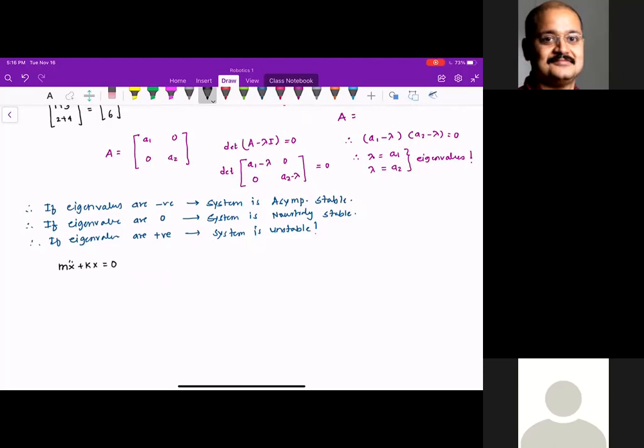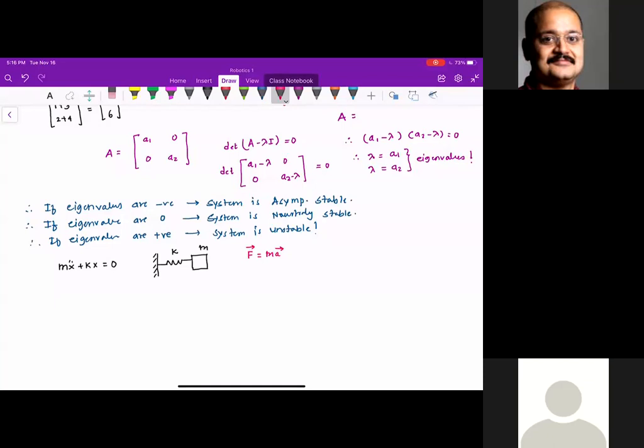This is the differential equation, which is a very famous differential equation describing the motion of a mass m attached to spring of stiffness k. This equation comes from application of Newton's law. Force is equal to mass times acceleration, and you get this equation mx double dot plus kx is equal to 0.